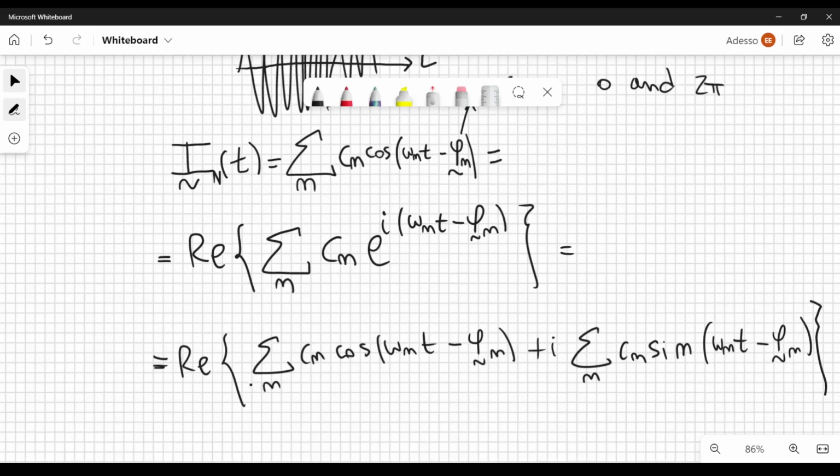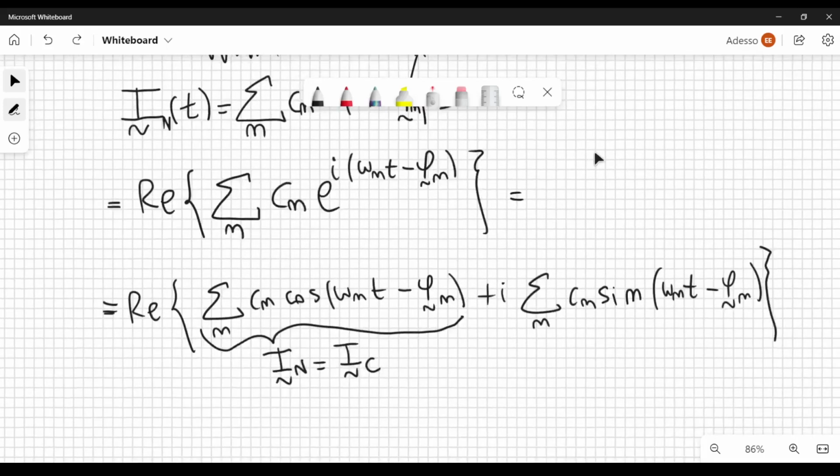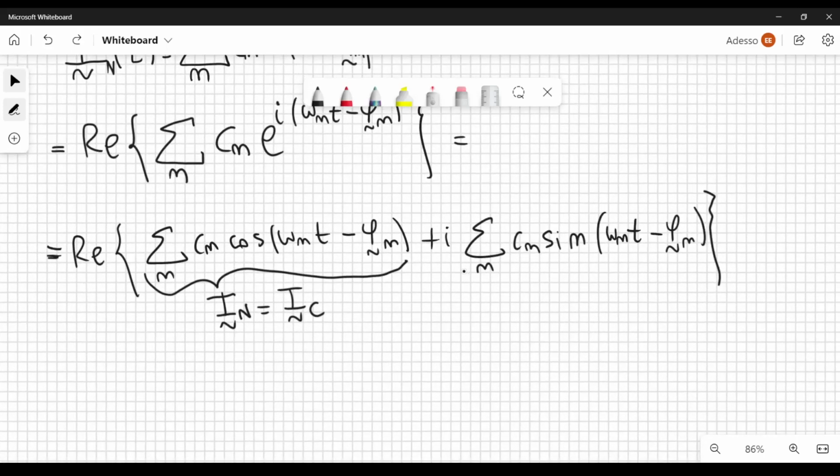Now, this first part is exactly equal to I sub n, and I'm going to call it also I sub c, where c stands for cosine, because this first part contains the cosines, whereas the second part, the imaginary part, contains the sines. So I'm going to call it I sub s.